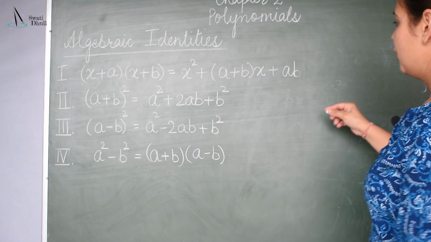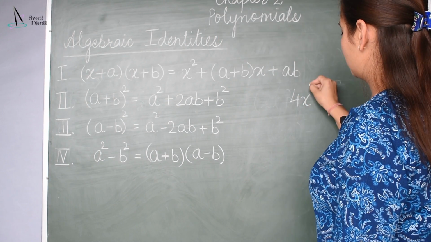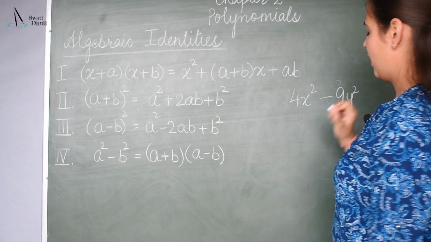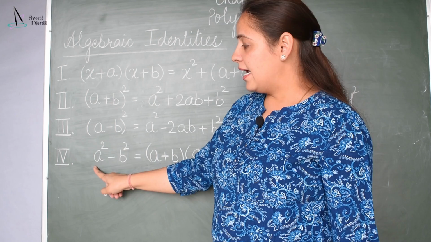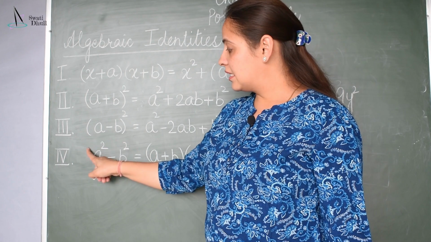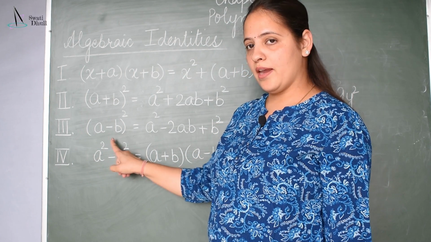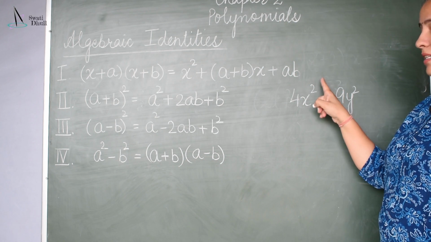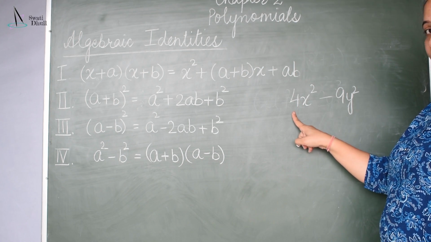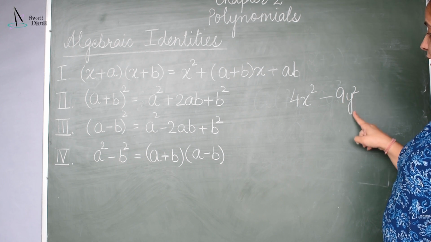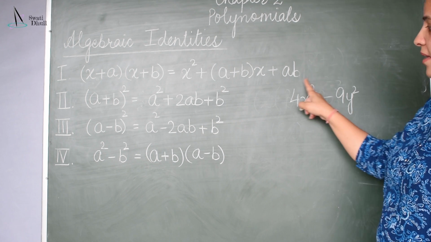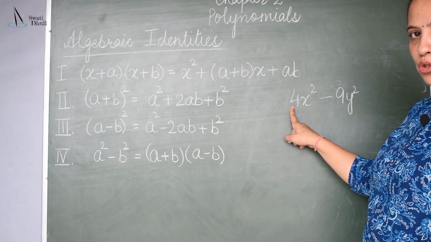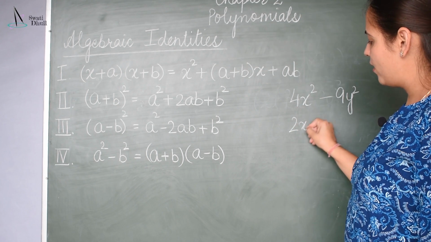Let's say you have 4x² − 9y². Here a² means the complete a whole squared, and b² the complete b whole squared, but here I have x² with 4 and y² with 9. So I will first make each a whole square. 4 can be written as 2², so I can write it as (2x)².